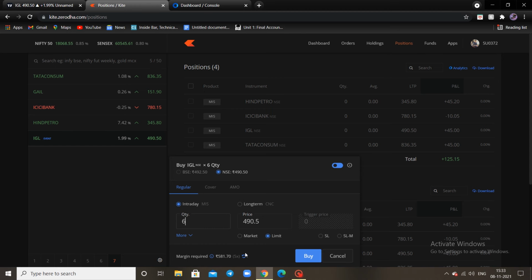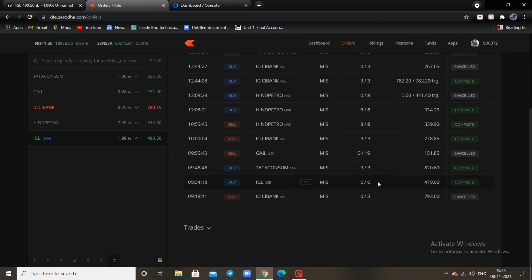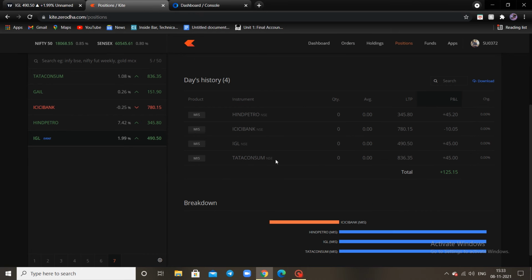So it's 45 rupee return. 45 divided by 581 into 100 is equal to 7.74% return on the IGL trade. And the next trade which I took is in Tata Consumer, which was also a profitable trade of 45 rupees. So let's analyze its chart.